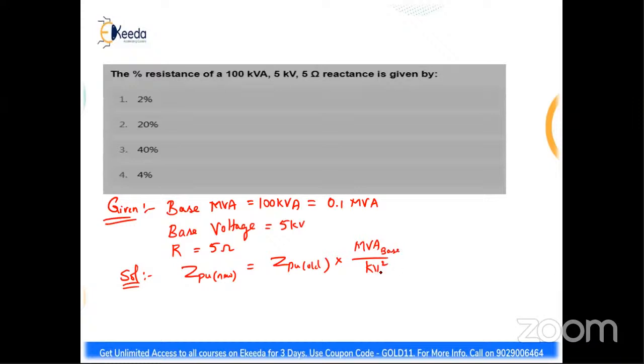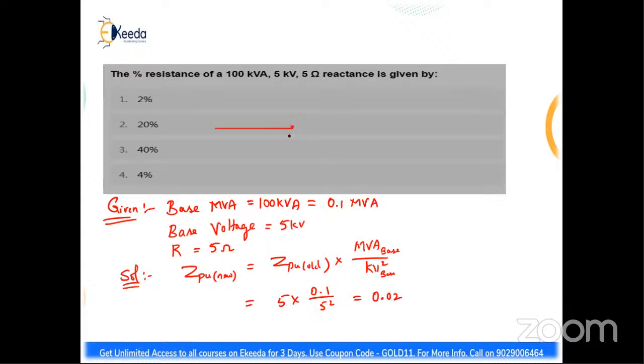Then 5 into MVA base 0.1 divided by kV base 5 square. If you calculate 5 into 0.1 divided by 5 square, we get the new value as 0.02.